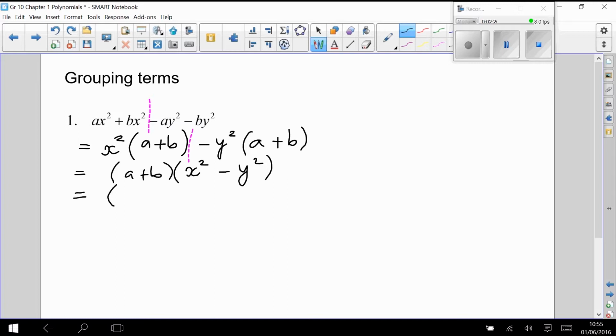Now remember, I said factorizing is great, but you must always try and factorize fully. And this second bracket factor, in fact, could be split into 2 further brackets. As it is the difference of 2 squares, I'm going to create 2 brackets, one with x plus y and one with x minus y.